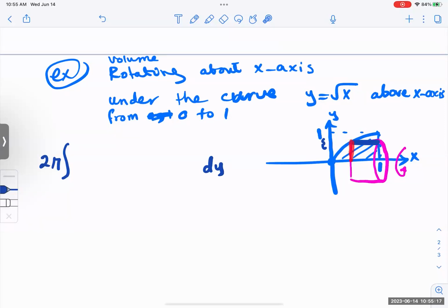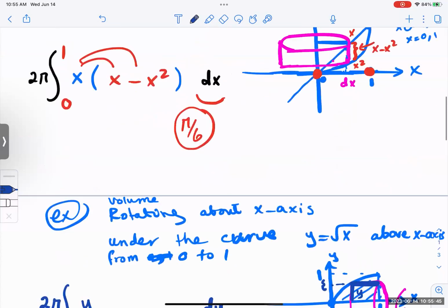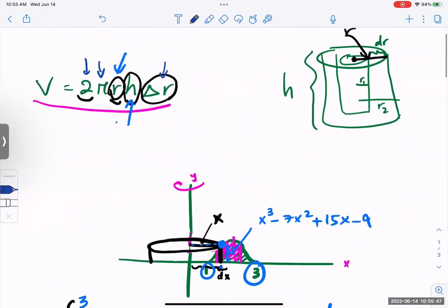So this is r. Because this is in terms of y already, I'm going to write y for that. So the radius is just y. Do you remember for the previous one, the radius was x? So now the radius is y because that's corresponding to here. So far on the formula, you have 2, you have pi, you dealt with r, dr.